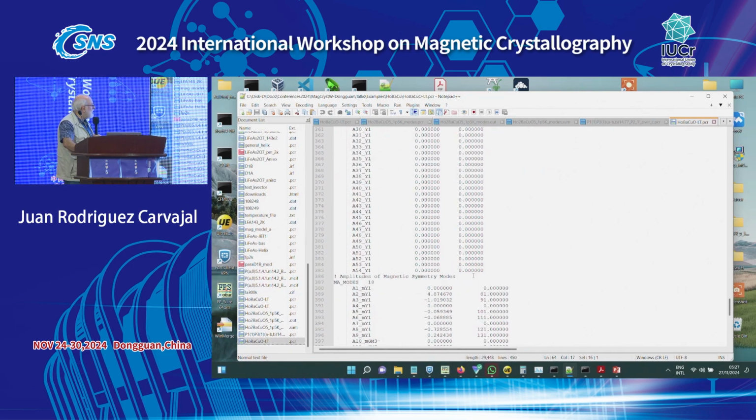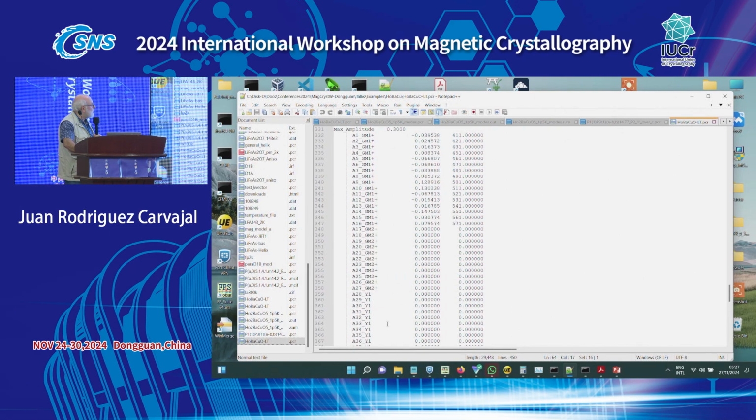But I forgot completely all these amplitudes. If you want to explore, for example, magnetoelastic things, you can start to refine amplitudes here and see if they are significant. In the major part of the cases, the amplitudes are smaller than the standard deviation because it's very difficult to determine. There are other cases in which you can have that, but it's not the general case.